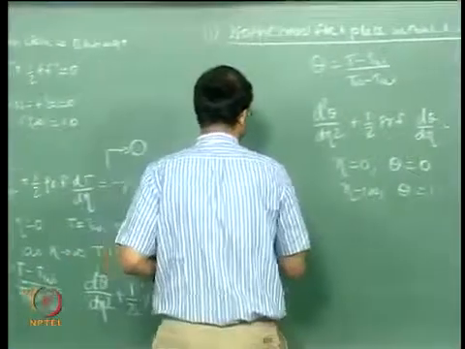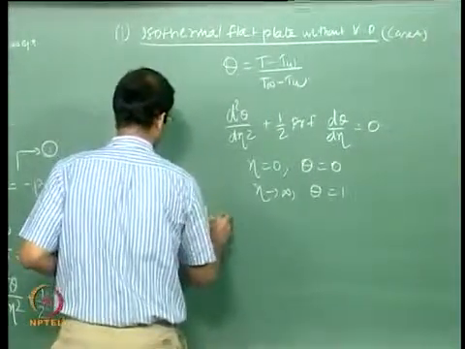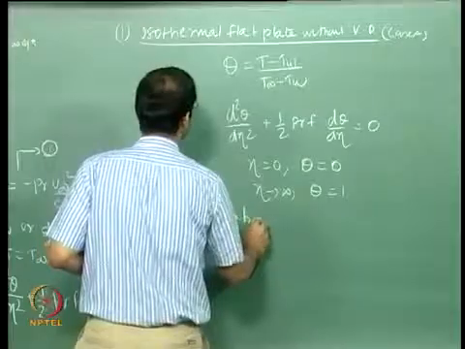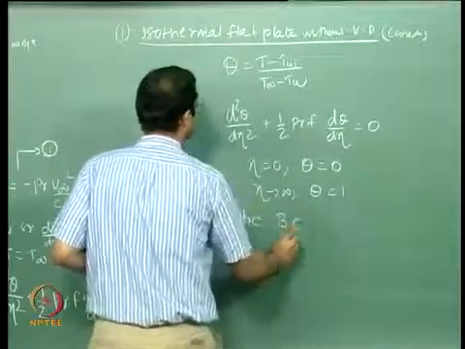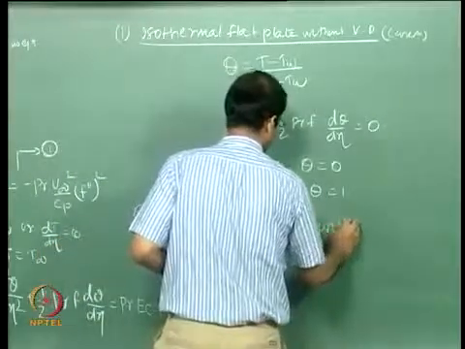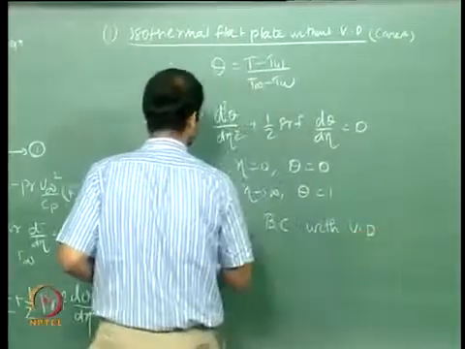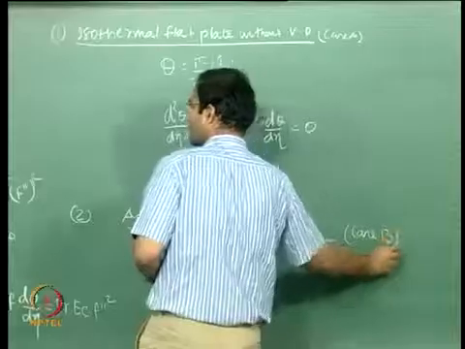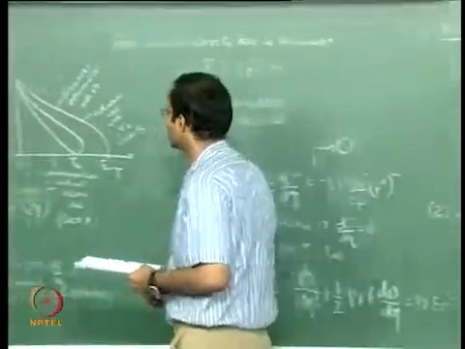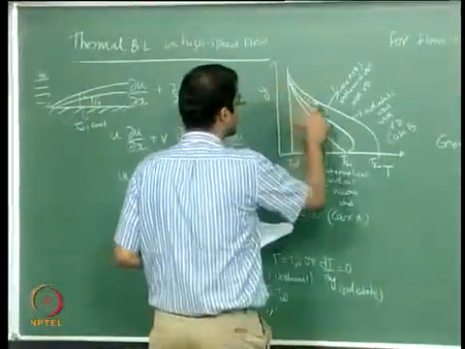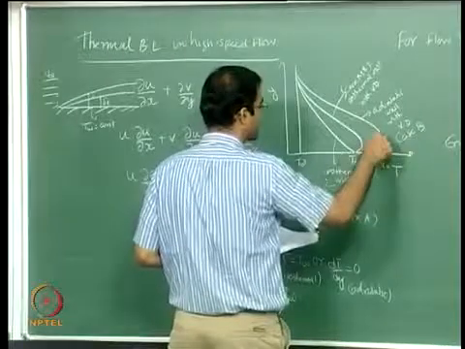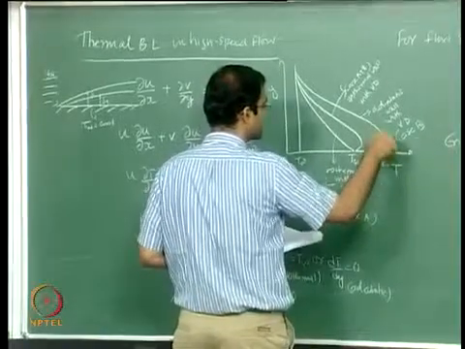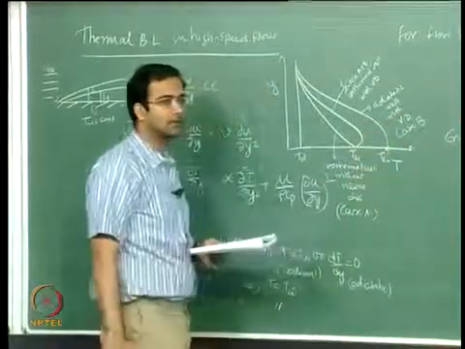Okay, so this is adiabatic. This is what I call case B, and if you look at the temperature profile, typically this is how it looks. It has to satisfy the 0 flux at the wall, therefore it becomes normal at the wall.